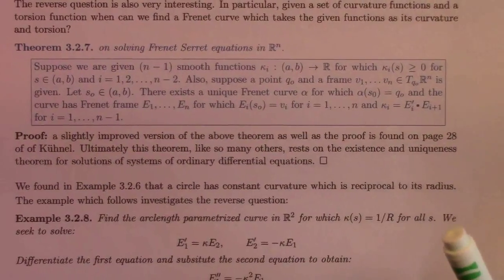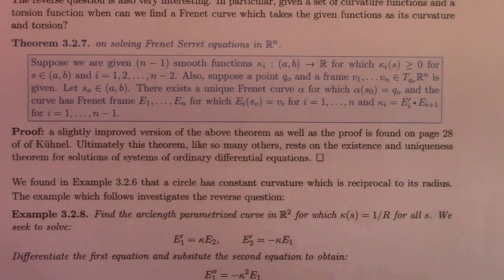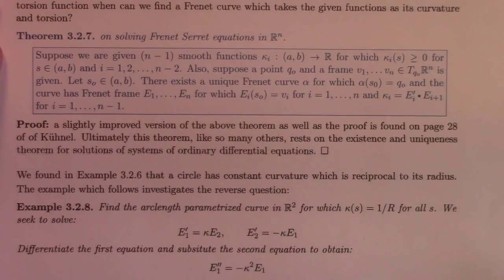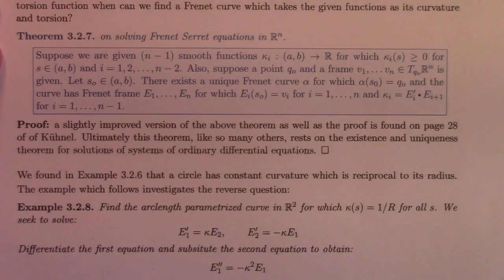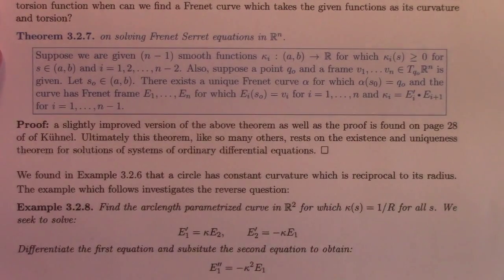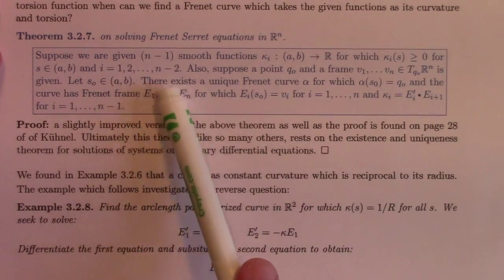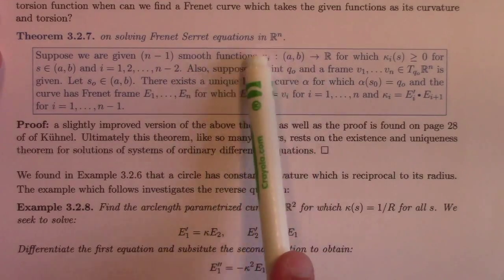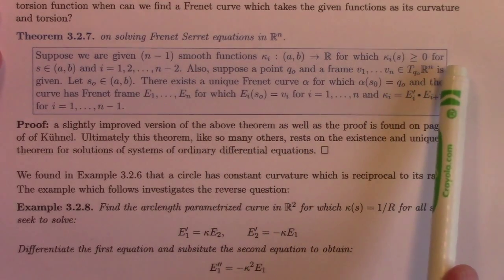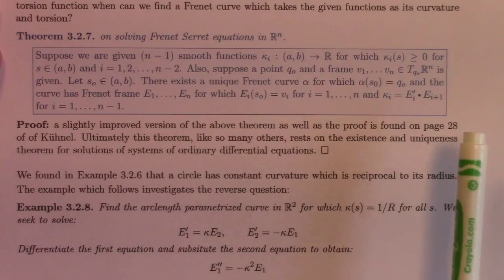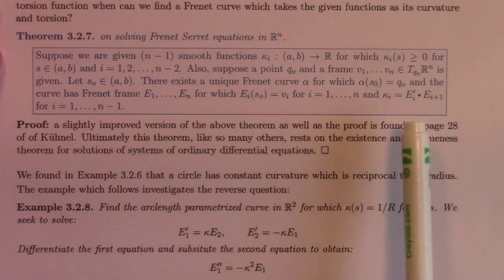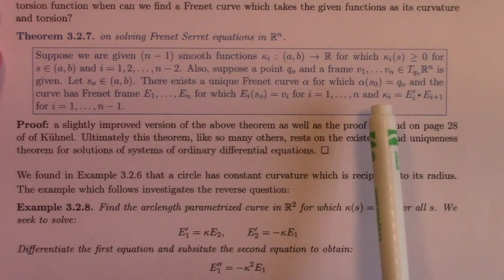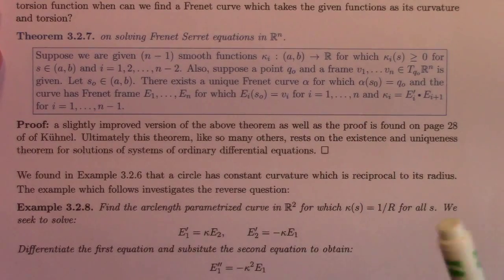There's another theorem which is of interest, and this is the sort of reverse theorem, which is actually, I think, even more interesting than the things we've done. This basically says that if you're given potential curvature functions, right? Suppose you're given these functions ki, which are non-negative, and then an n minus 1th one.